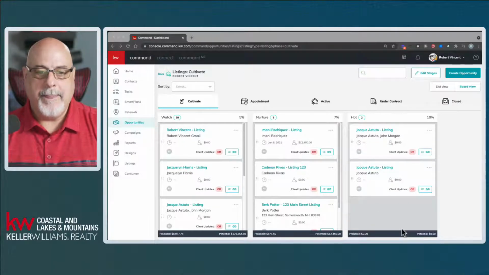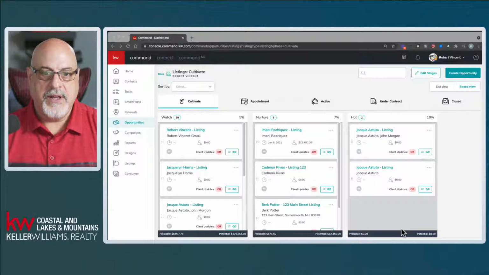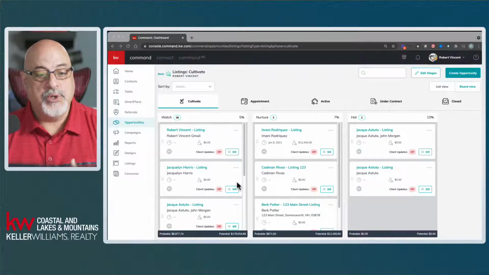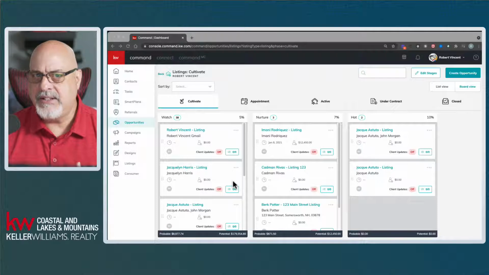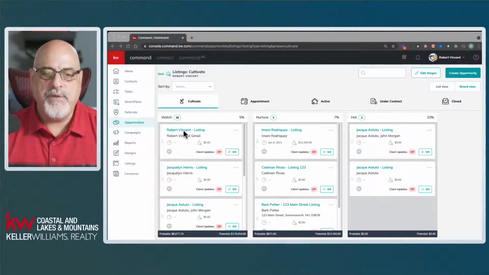Think of it this way. You come across a contact and you feel like this contact is worth watching. So you have created an opportunity. Does it mean the opportunity is actively signed or actively going through? No, it means that you feel this contact in this opportunity is something worth watching.